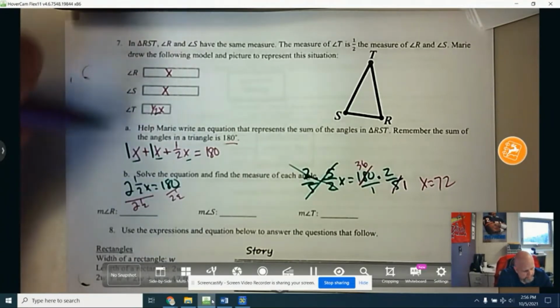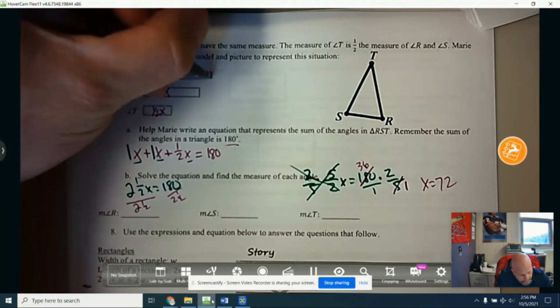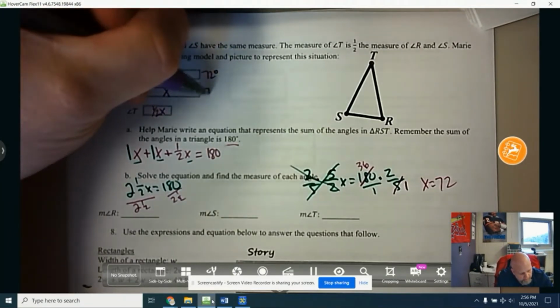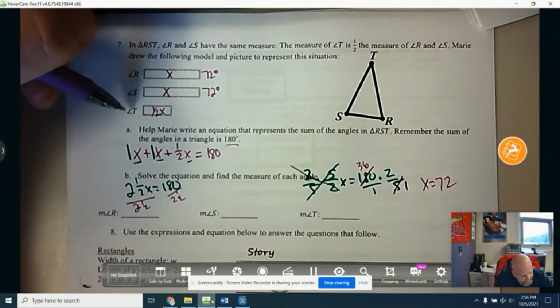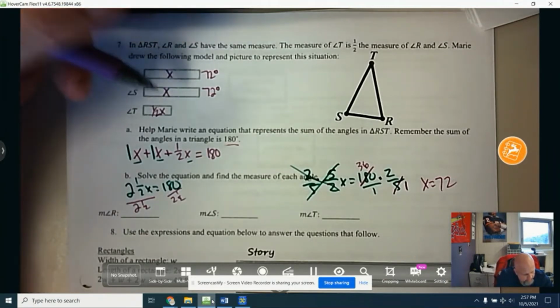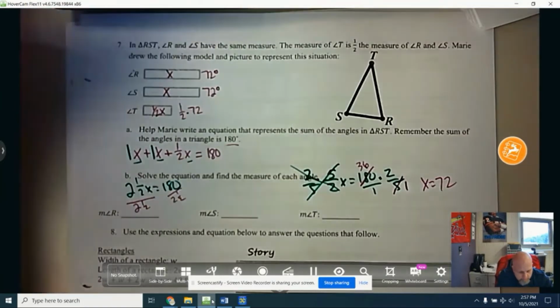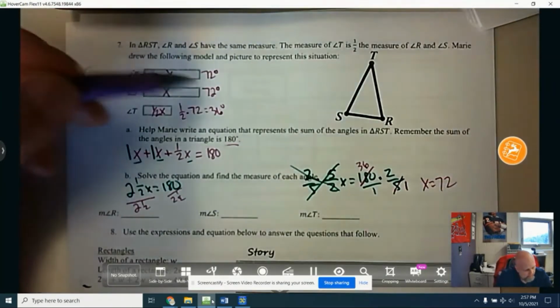Now, what does that mean? That means that angle R is 72 degrees, and I'll put the label on as a word problem, which means angle S is 72 degrees. Okay, angle T has to be half of that, so 1/2 times 72 equals 36.